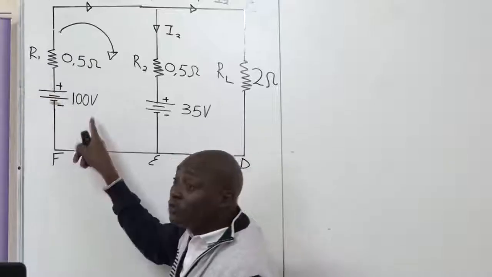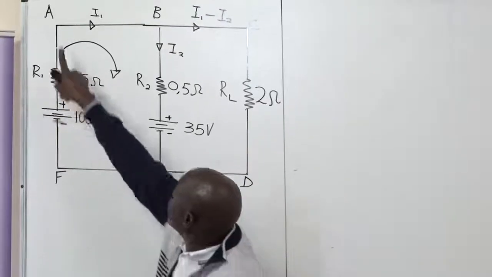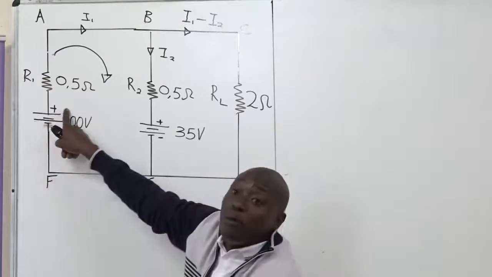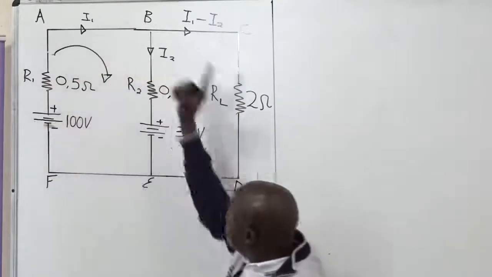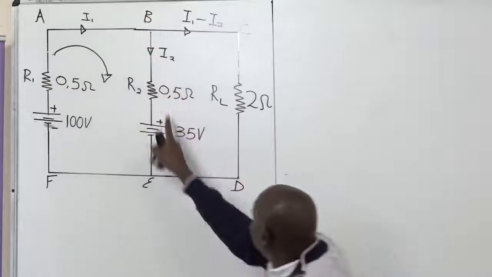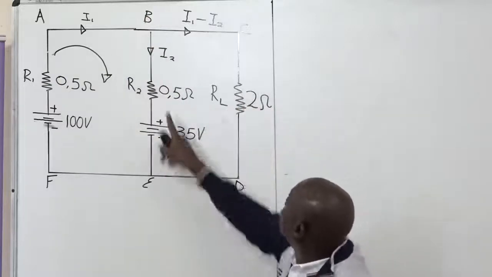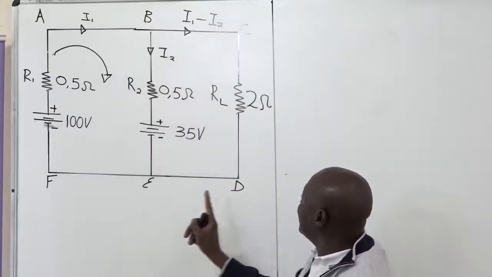That is why we started at A, because it's our positive side: A, B, E, F. Even on the other loop, I'm saying B, C, D, E.